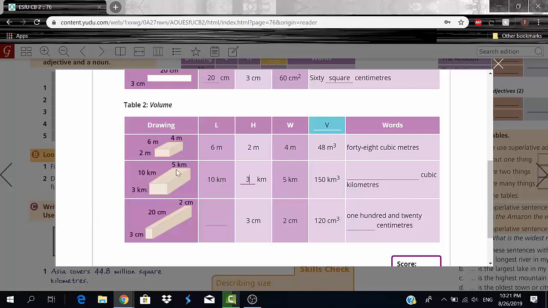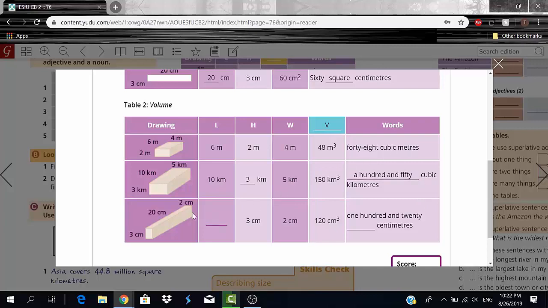Then we have width right here, that's 5 kilometers, and finally we have 150 cubic kilometers. Okay, so we'll have to write that down, so we'll just say 150 cubic kilometers. Okay, you guys?